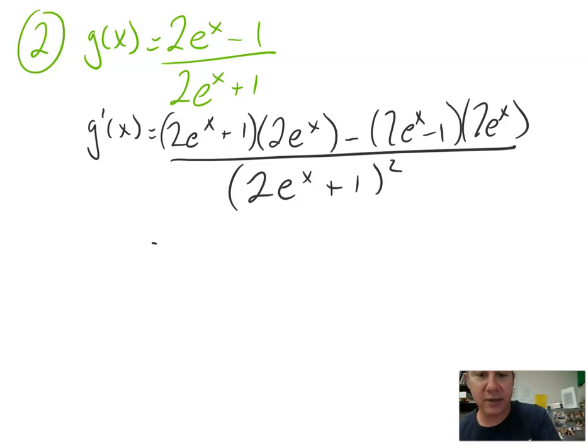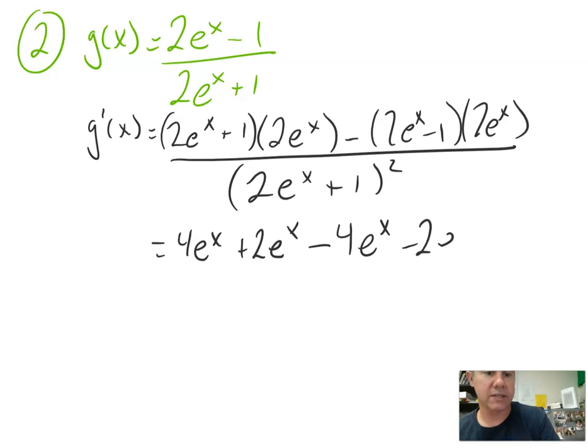Okay. All right, now I just need to simplify this a little bit. And it looks like if I do this, I'm going to get 4e to the 2x plus 2e to the x. I'm distributing that top part right there. Then minus 4e to the 2x minus 2e to the x. Looks like I did something weird here. All right, I found my mistakes real fast.